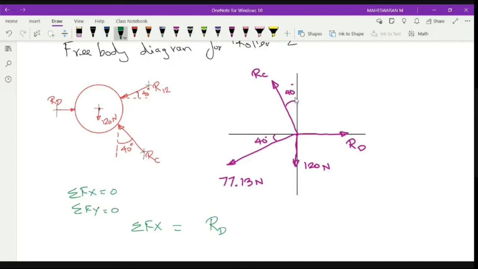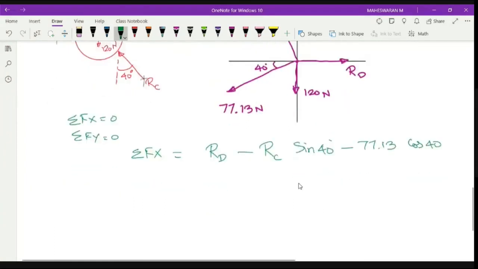Since your angle is increasing, you have to put sine. So minus RC sine 40. Bring this to x, your angle is decreasing. When you have a decrease in angle, you put it as cos. That is a shortcut. So again, minus 77.13 cos 40. 120 is not applicable because it is in the y-axis.